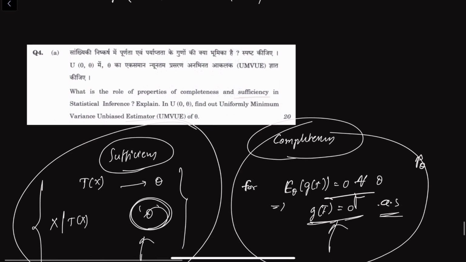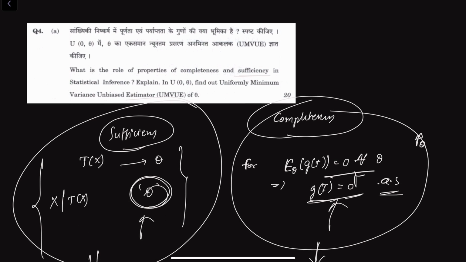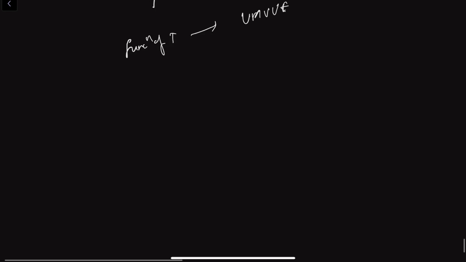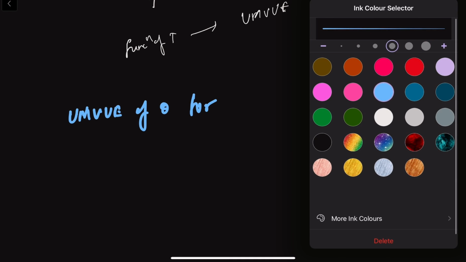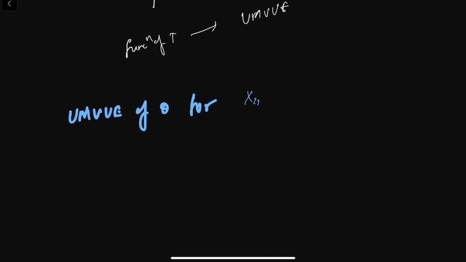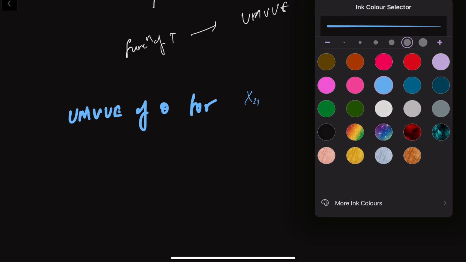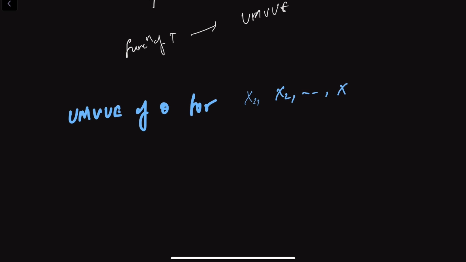Now we are asked to find the UMVUE of theta for a uniform 0, theta, for X1, X2, and so on Xn following IID uniform 0, theta.